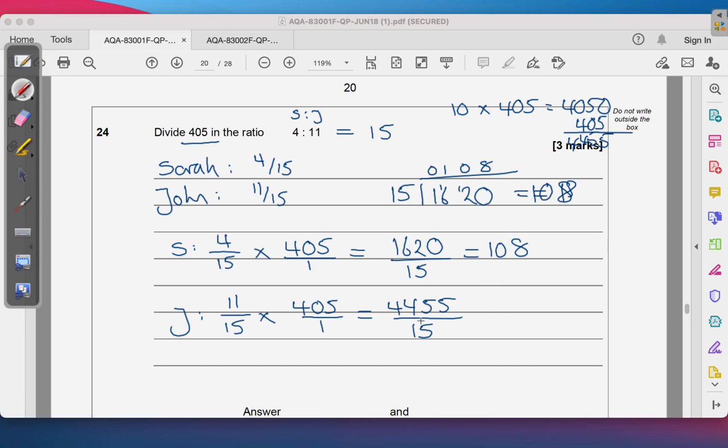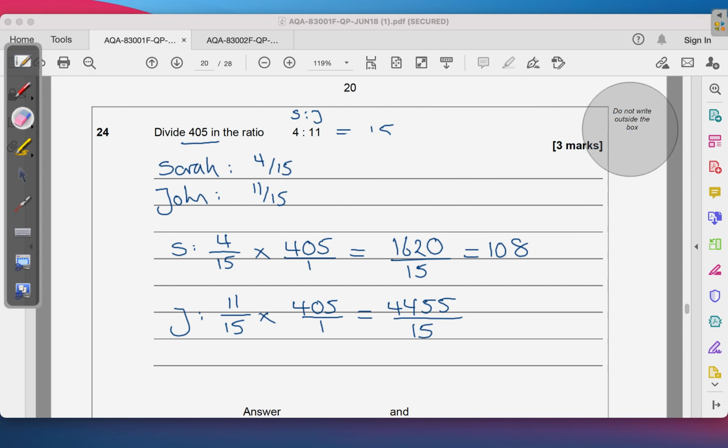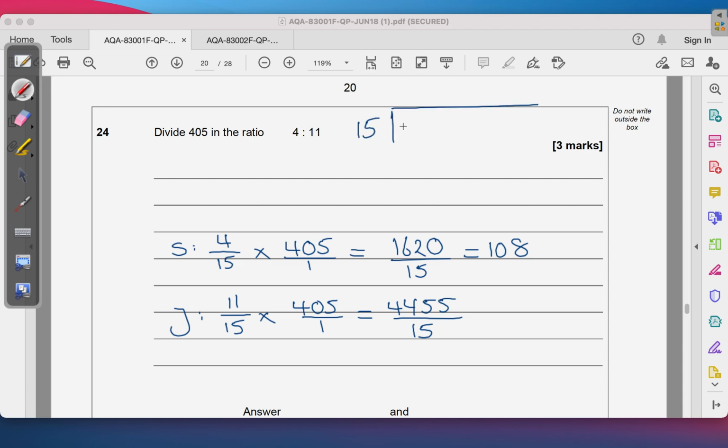Okay, and then 4455 divided by 15. So let's try that, shall we? Make some more space somewhere. So 15 into 4455. 15 into 4 goes 0, 15 into 44, so we've got 15, 30, which gives us 2, and then we're going to have 14 left over.